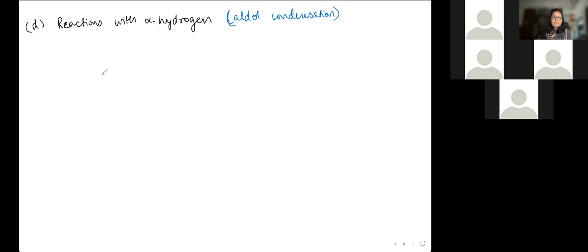So what is special about alpha hydrogen? Suppose we have C double bond O. Now our focus shifts to the neighboring carbon atoms.